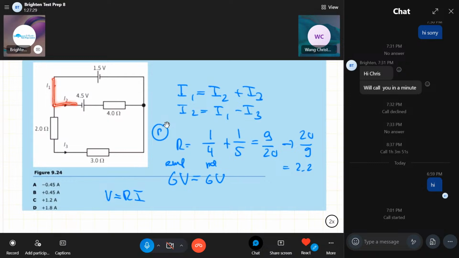Or in other words, is this identical I1 and I2? No, because part of I1 becomes I3. Exactly, right? So that makes life a bit difficult, so you have to be a bit careful with that one.